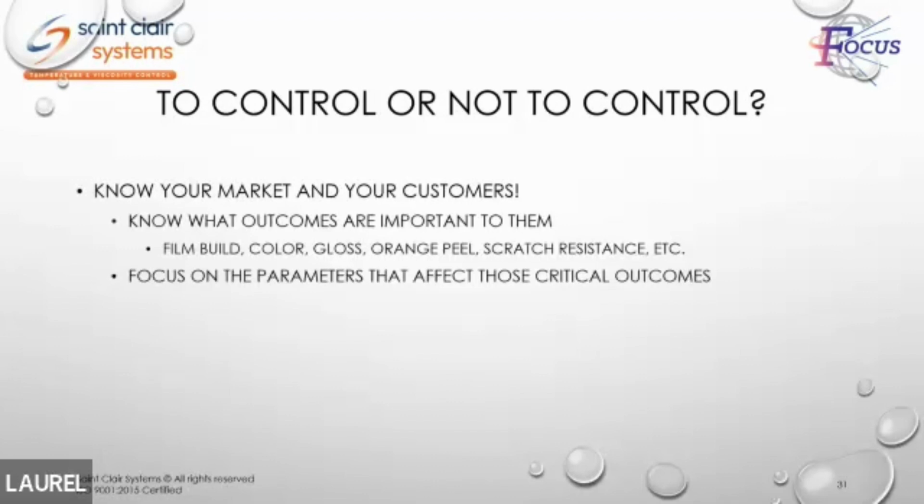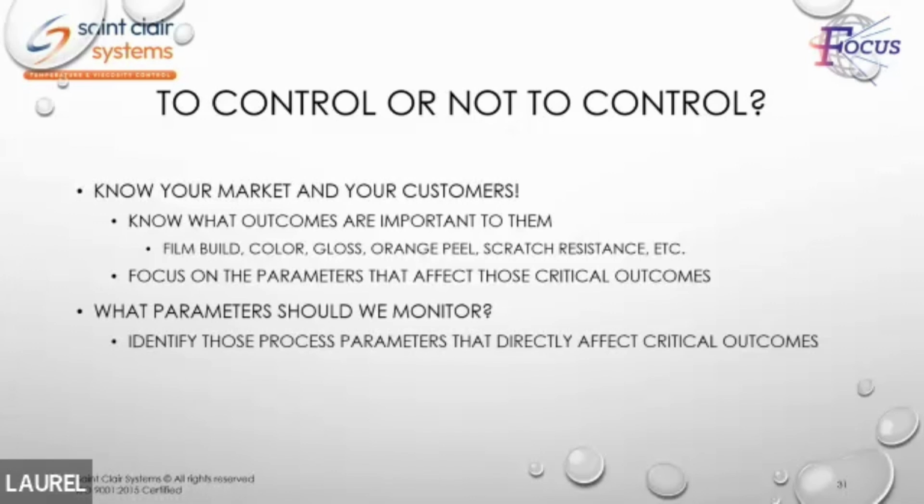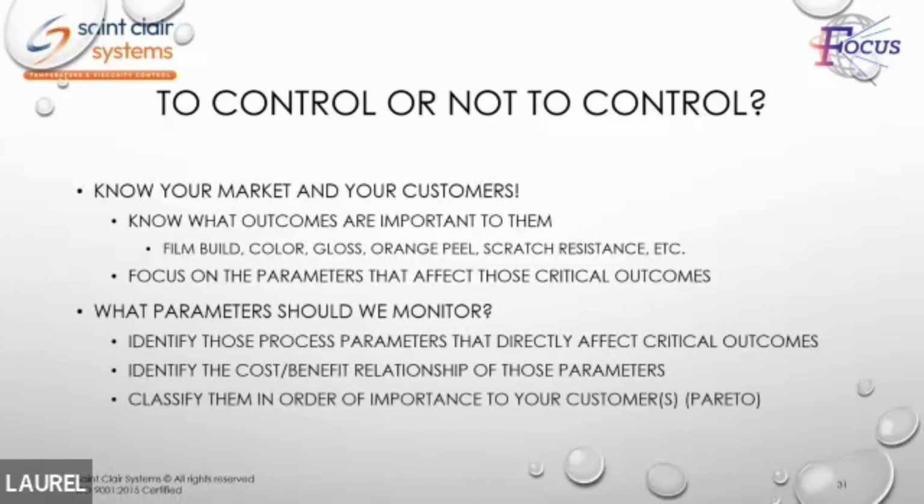And then once you understand what your customer is looking for, focus on those process parameters that affect those critical outcomes. And then you can decide what parameters we should monitor. And that's done by identifying those process parameters that directly affect our critical outcomes, and then identifying the cost-benefit relationship of each one so that we can classify them in order of importance to us and to our customers.